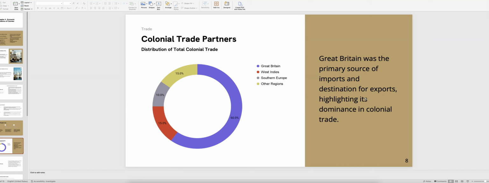Not surprisingly, because of the Navigation Act and just the general relationships that we have, the colonial trading partners were largely England. That's the vast majority of the trade that's all going on, with the top exports being the tobacco, bread and flour, rice, fish, wheat, indigo, and corn.